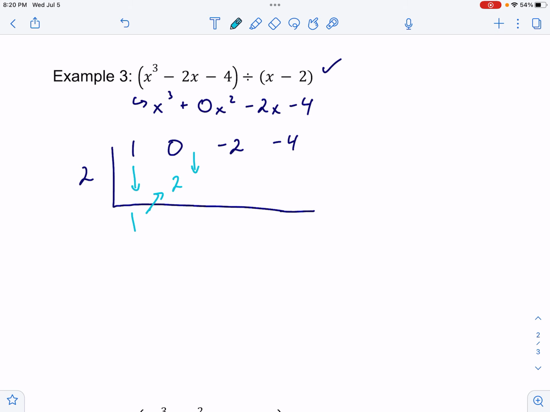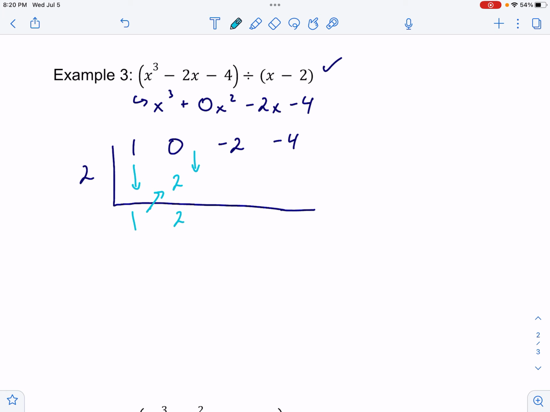Add down. 0 plus 2 is 2. Multiply across. 2 times 2 is 4. Add down. -2 plus 4 is 2. Multiply across. 2 times 2 is 4. Add down. -4 plus 4 is 0. Yay, remainder of 0.